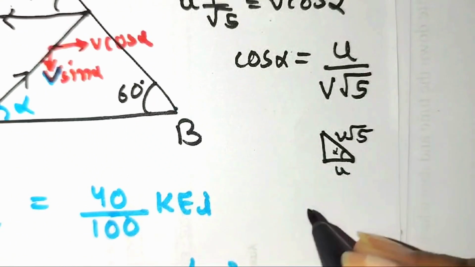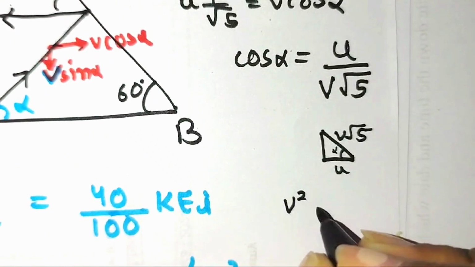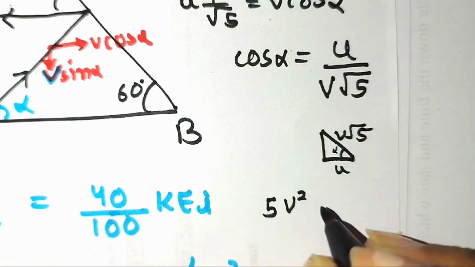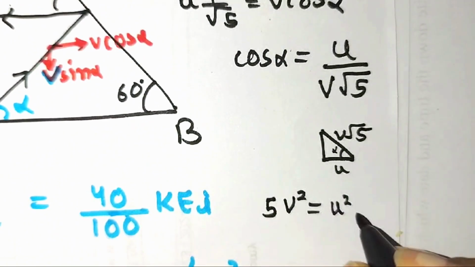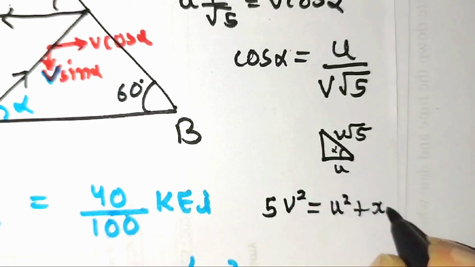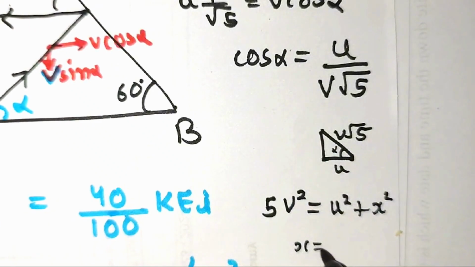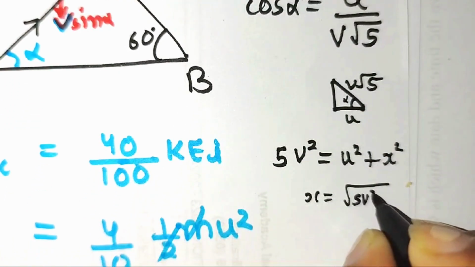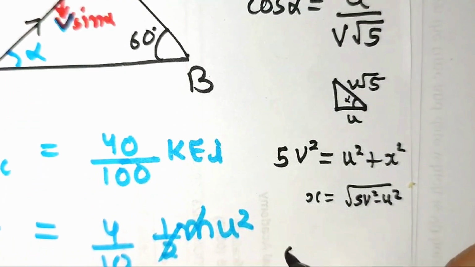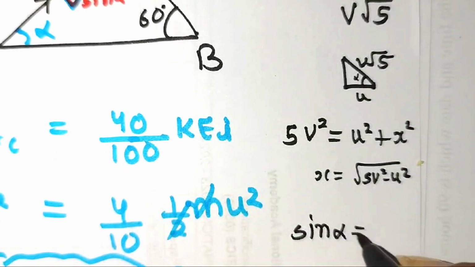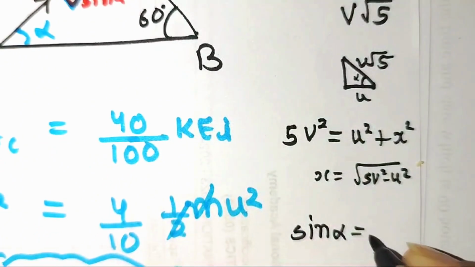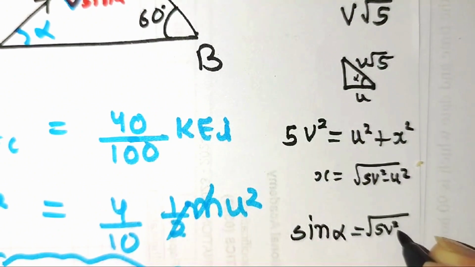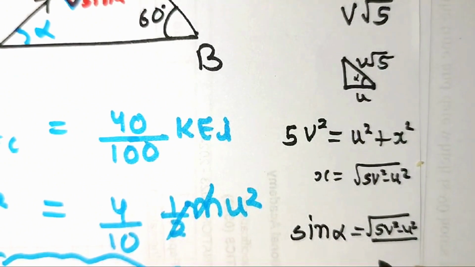So we can simply use the Pythagoras theorem: v root 5 squared would be 5 v square, and 5 v square minus u square gives x square. So x would be root of 5 v square minus u square. In this case, sine alpha would be x, the opposite, by the hypotenuse.